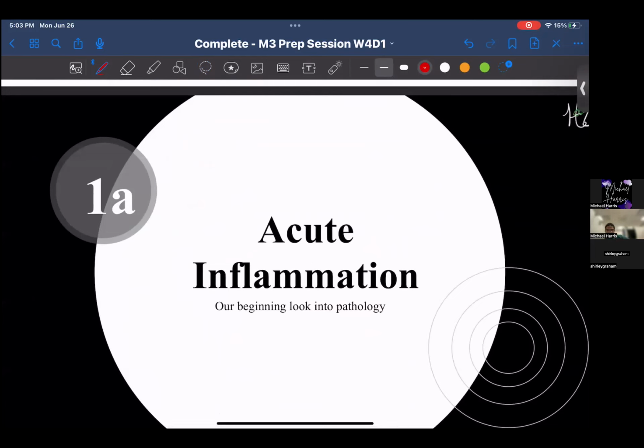We've already tied into this a little bit, right? Whenever you get some kind of infection or some kind of tissue damage, you get neutrophils activated. Now, what brings in the neutrophils?